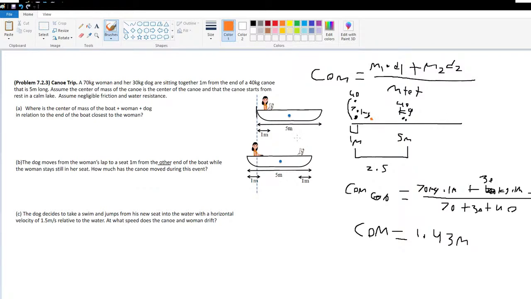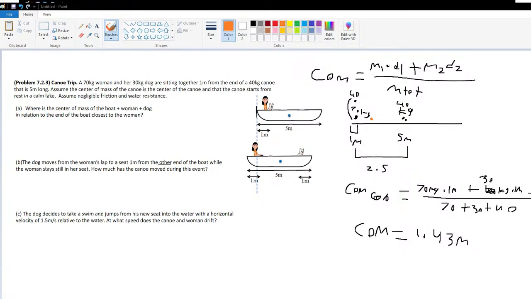Alright. Beautiful. The dog moves from the woman's lap to a seat 1 meter from the other end of the boat. How much has the canoe moved during this event? Huh. I actually have no clue how to do that. Wait, which part?